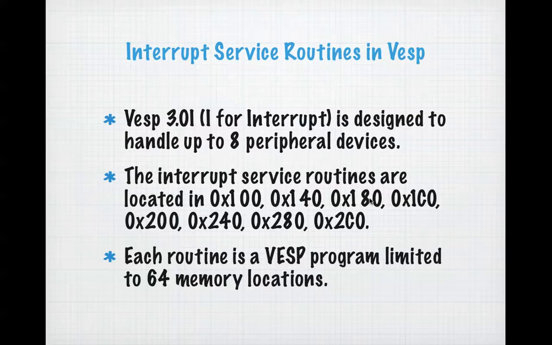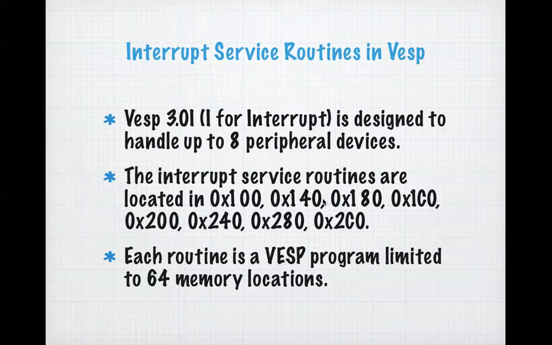And if it were to be device number 2, that would be 2 times 64. So you can see it's like 100 plus the ID of the device that makes the request times 64, which gives us the starting location of the service routine.